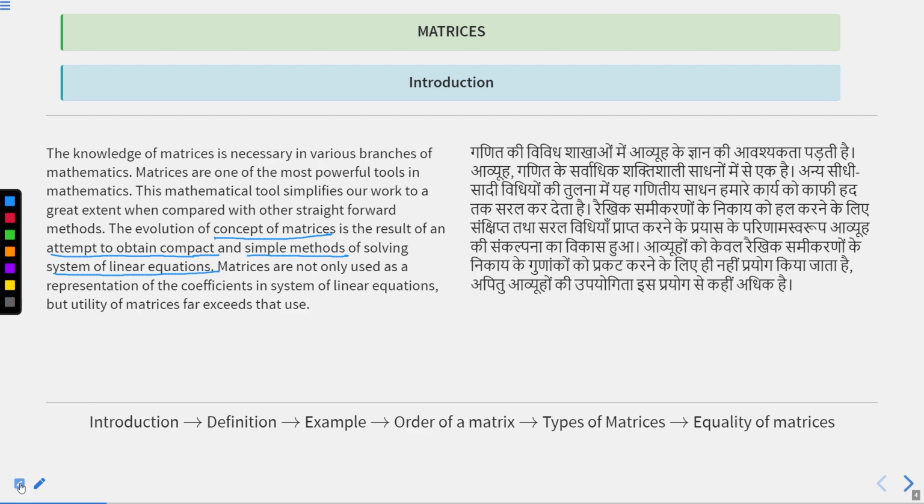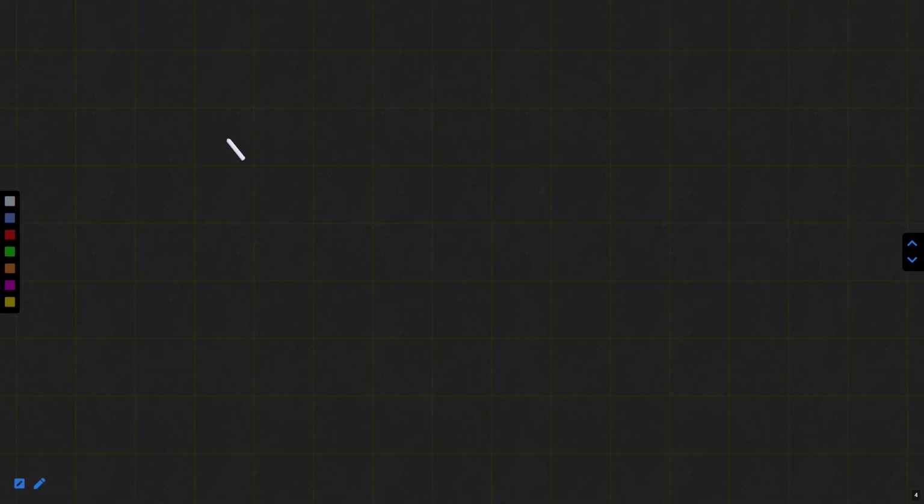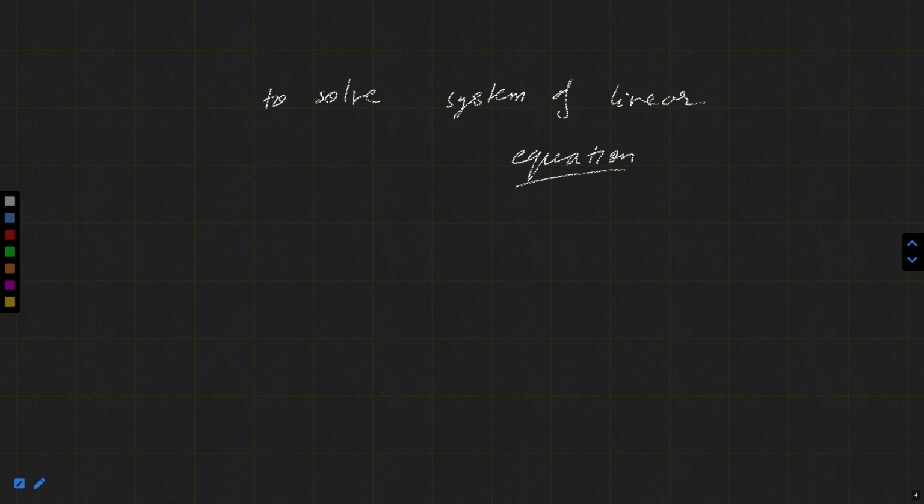The mainly objective of matrices is to solve a system of linear equations. Through matrices, you will know how we are going to solve a bunch of linear equations with very ease.